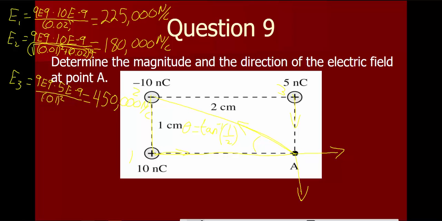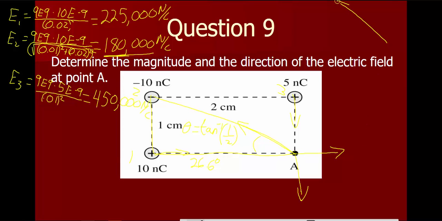It's 26 degrees. Everybody must be okay with that? Don't hear any objections.